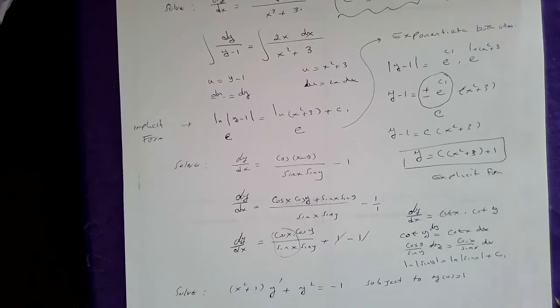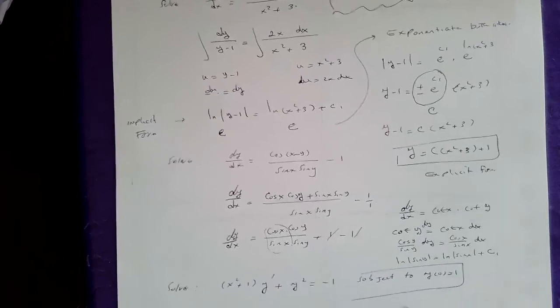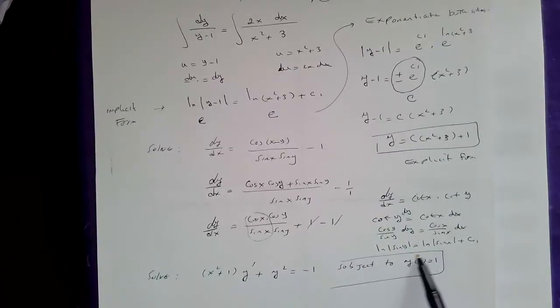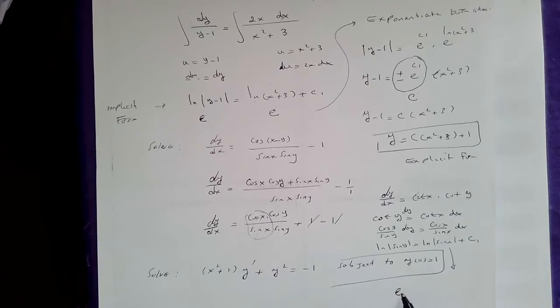Don't forget the c. Okay, so now is there any way I can write this in explicit form? Well, that takes a little bit of work. Exponentiate both sides, so you get this.